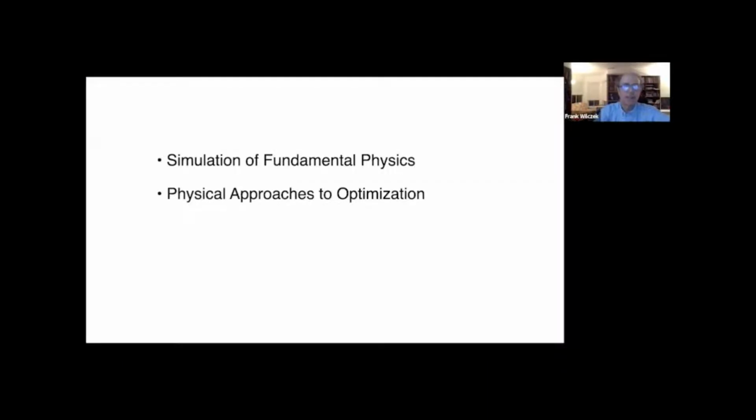Secondly, physical approaches to an important class of computing problems called optimization. And then the relationship between computation, erasure, and heat. This is part of the subject of the relationship between information and energy, which goes very deep and will be a theme we'll elaborate on both in this lecture and the next one.